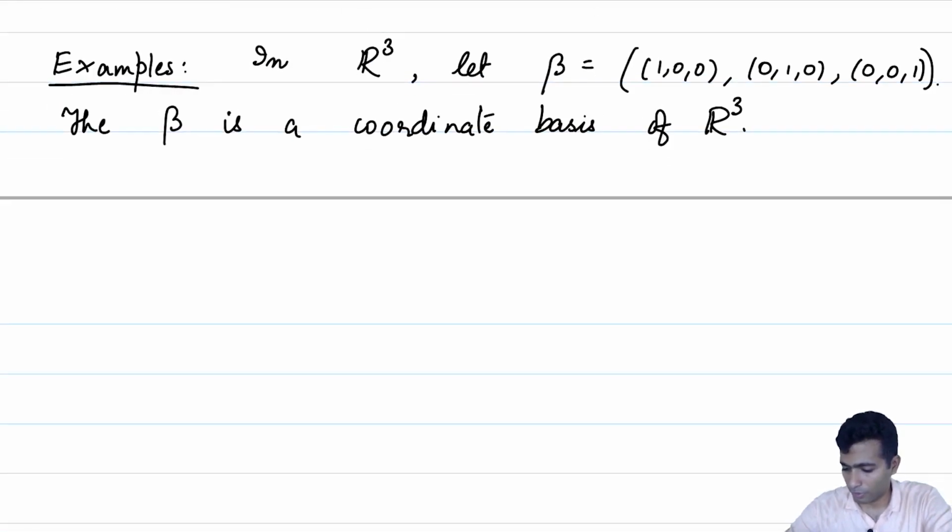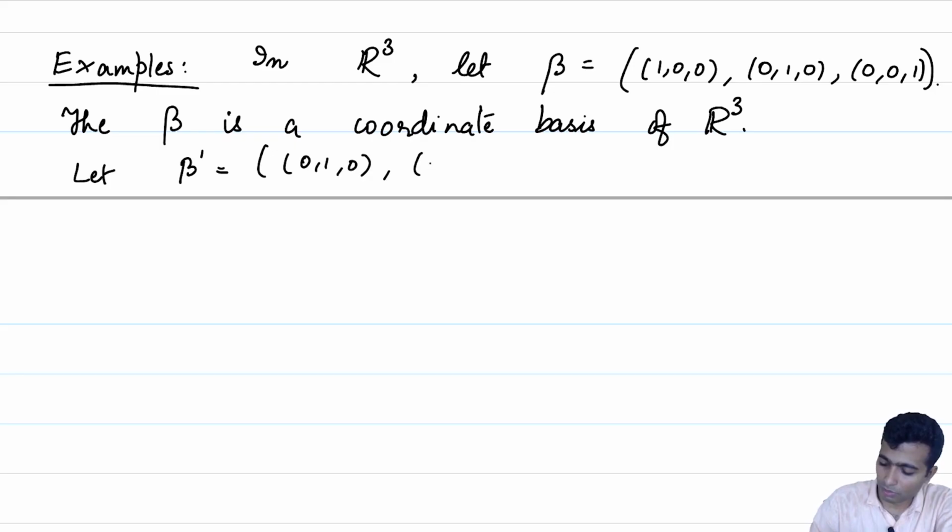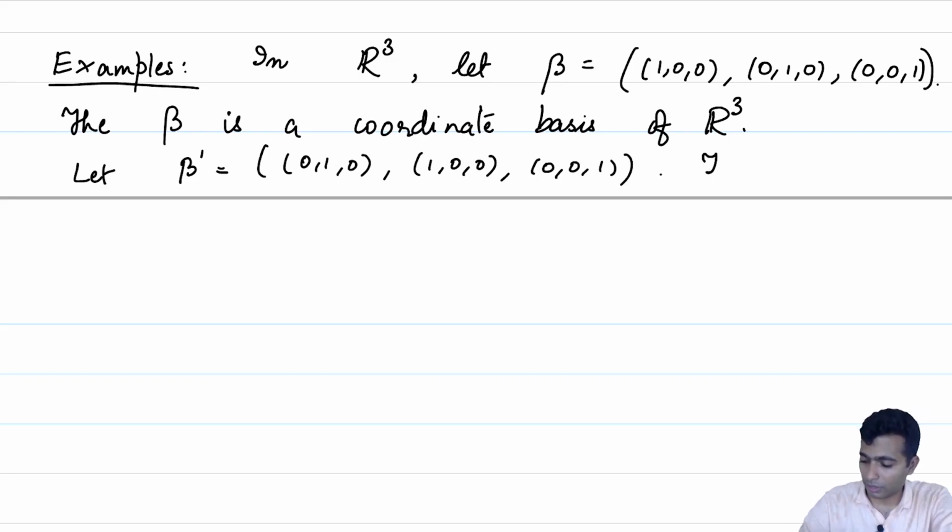As pointed out just a couple of minutes back, if we change the order, let beta prime be a new sequence which is obtained by, say, interchanging the first and the second vector. So let this be (0,1,0), (1,0,0), (0,0,1). Then as a set, the collection of these three vectors is no different from the collection of vectors in beta.